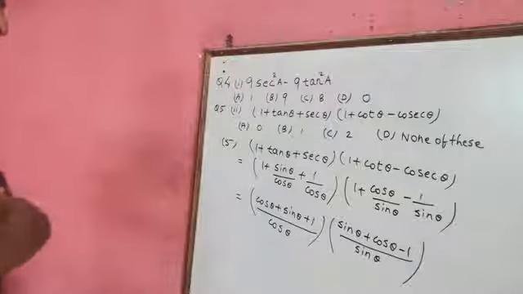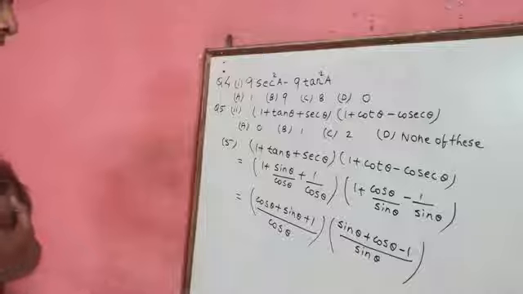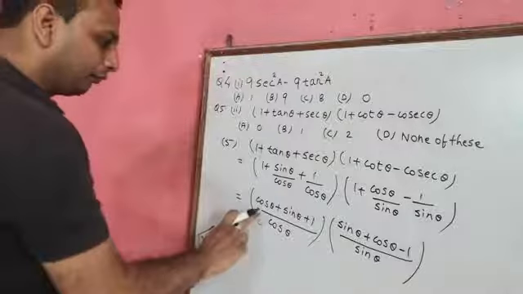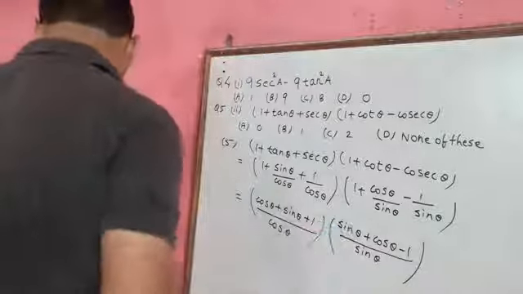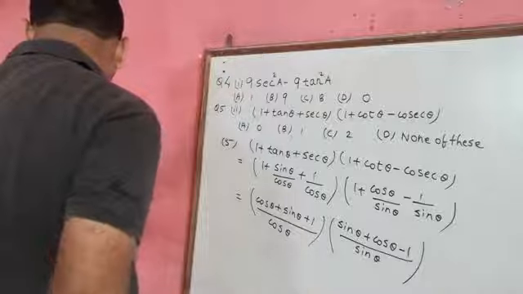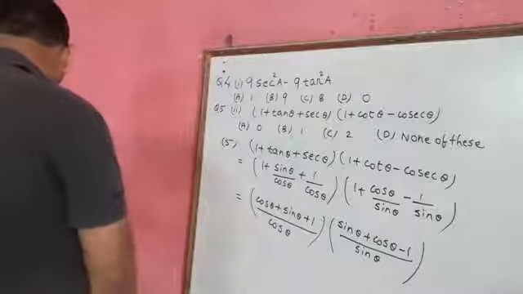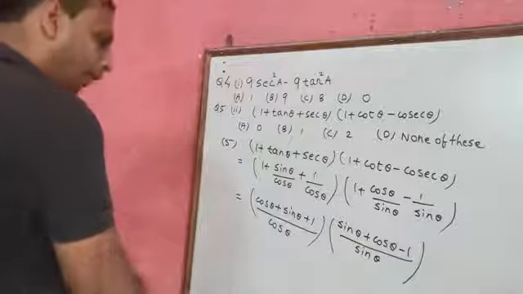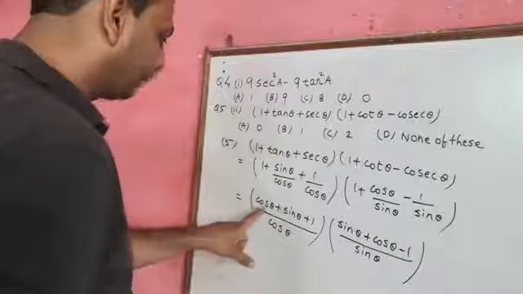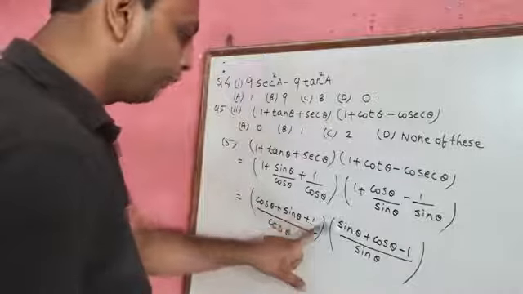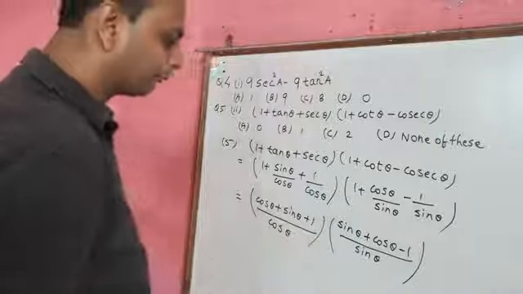Now after getting this, we can do one thing. Here you can see this is in the form of a plus b and a minus b. So we can apply that form, and the denominators sin theta and cos theta we can multiply. So cos theta plus sin theta plus 1, times sin theta plus cos theta minus 1.